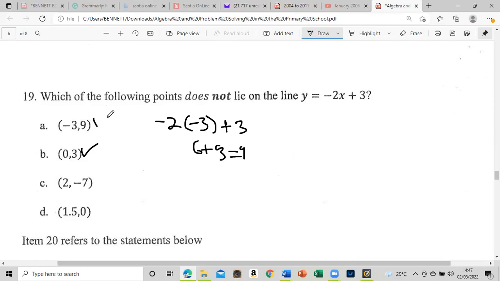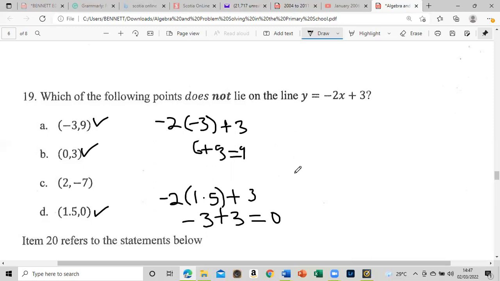Let's try 1.5. Guys, I kind of know the answer, but I want to show you guys how to do this, just in case. So -2 times 1.5 will give us -3, plus 3. That is indeed equal to 0. So this is legit. What about this one? Another one.